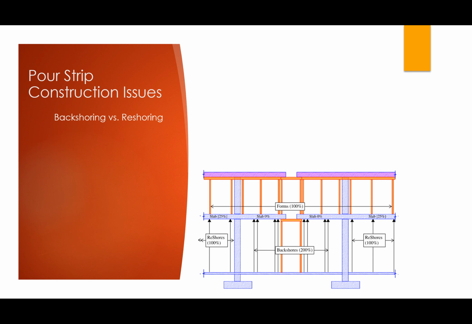Typically, you're going to have reshores everywhere else throughout the structure. Now here, they are designed typically for 100% of the wet concrete weight. In other words, the load goes through level 2 down to the foundation simply because that's the stiffest load path available. But in principle, the shores could be released slightly and allow your level 2 slab in those bays to pick up some of the load.